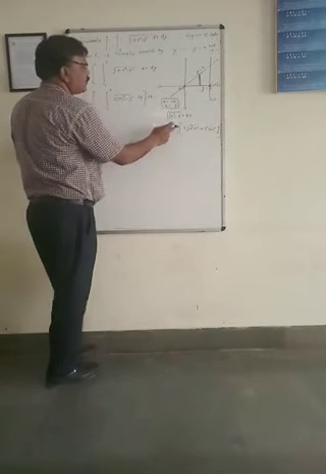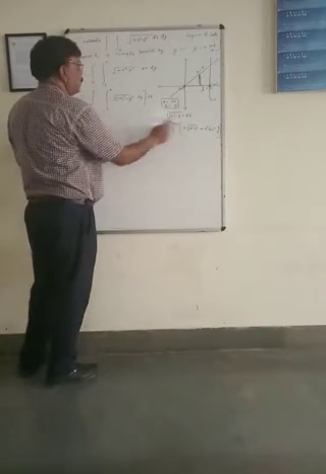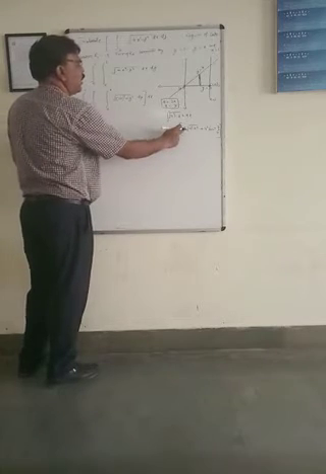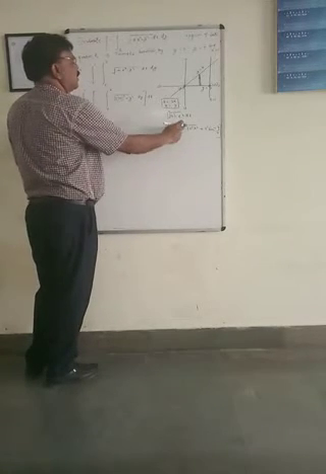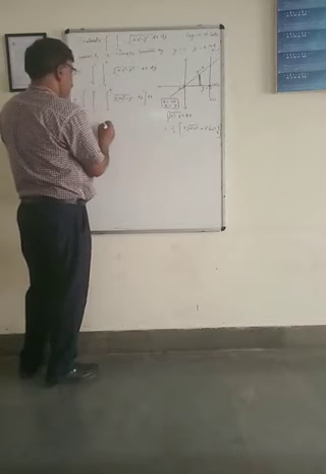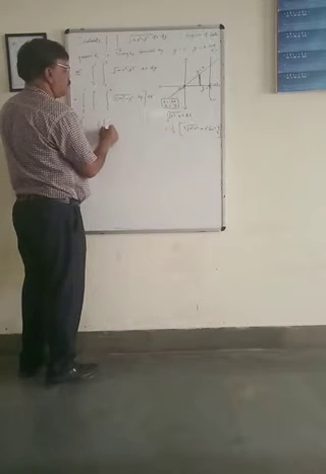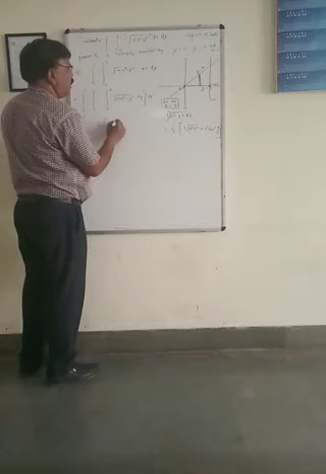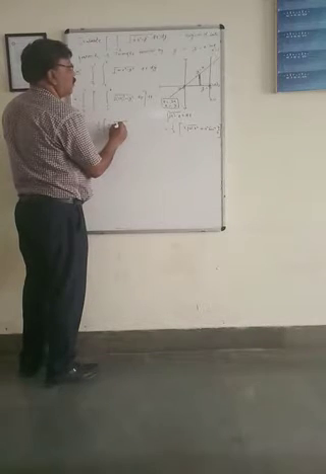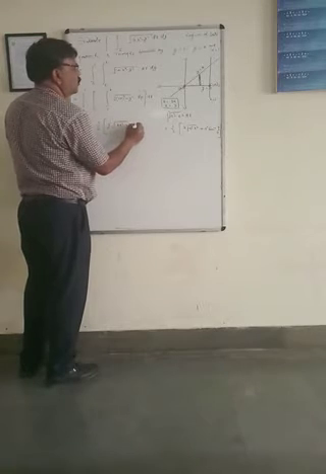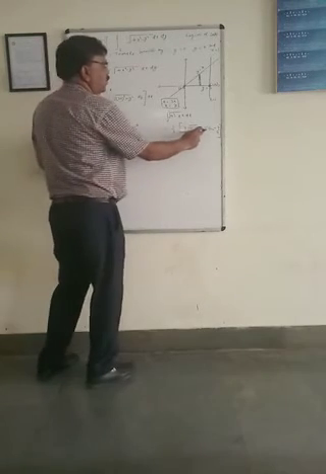That is, first of all, 1 by 2, and x is equal to y. So we put y under root 4x square minus y square plus a square.